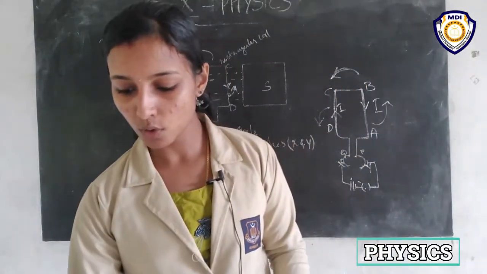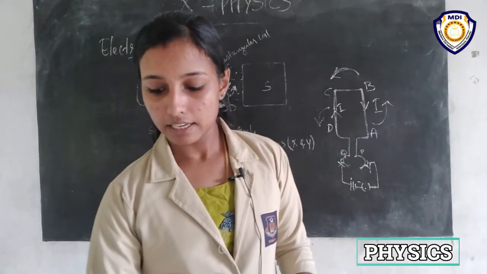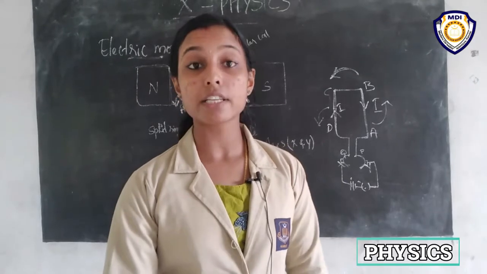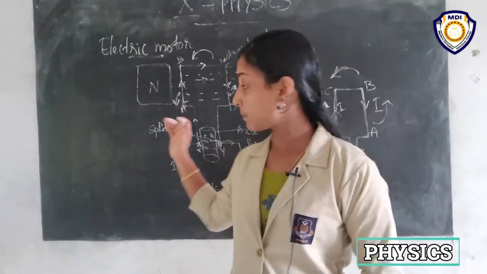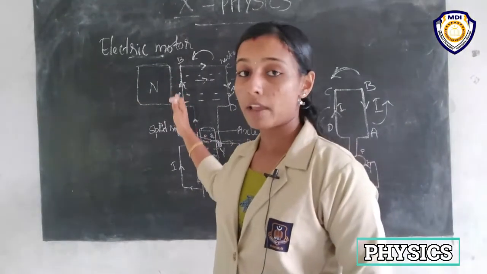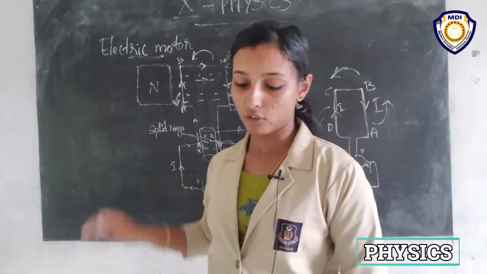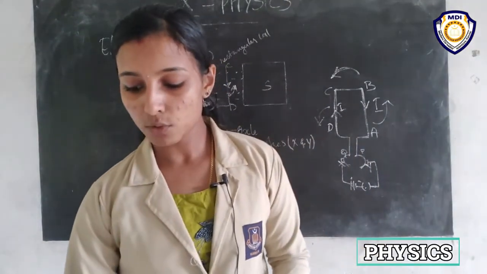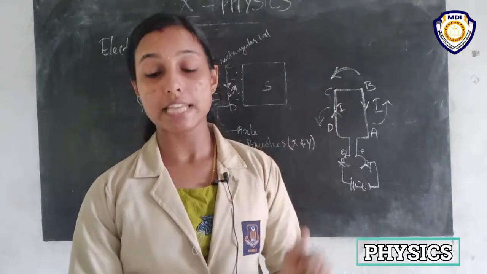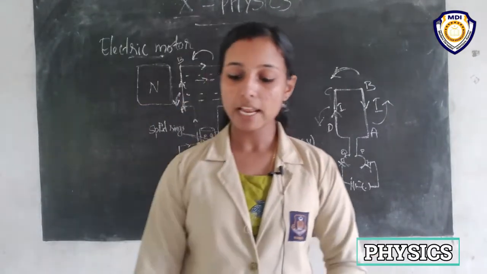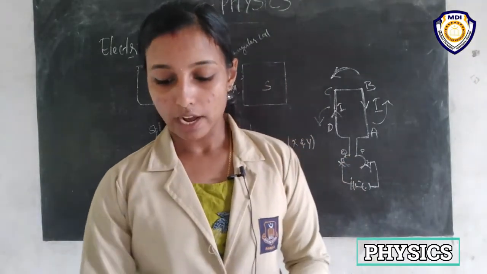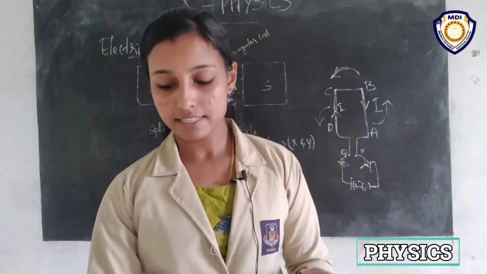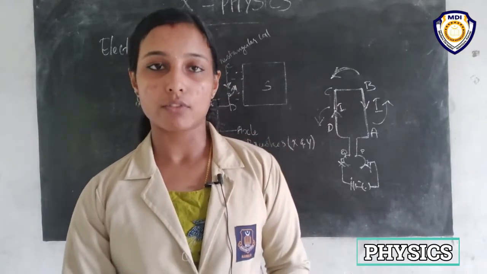The force acting on arm AB pushes it downwards, while the force on arm CD pushes it upwards. Thus the coil and the axle O, mounted free to rotate about an axis, rotate anti-clockwise.